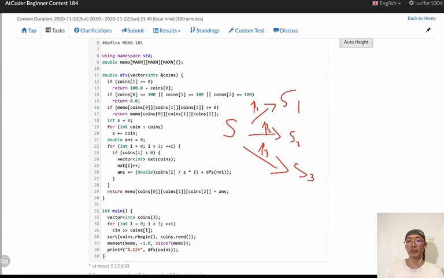Then the expectation of S can be described as the sum of the expectations of S1, S2, and S3 times their probability. That is, the expectation of S is 1 plus the sum of Pi times E, the expectation of Si.